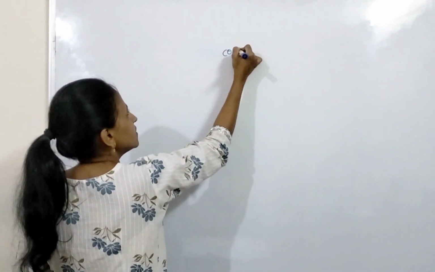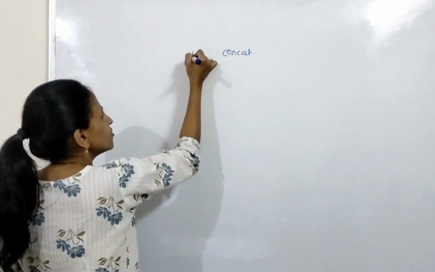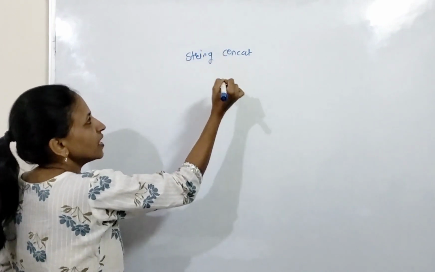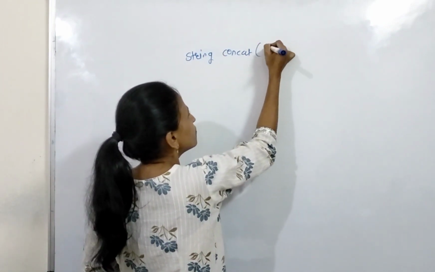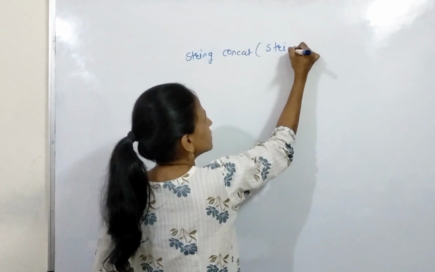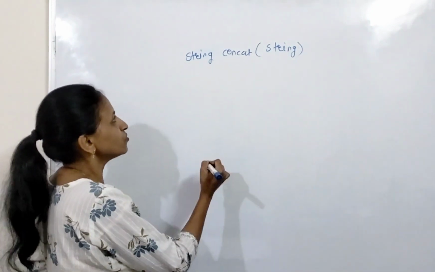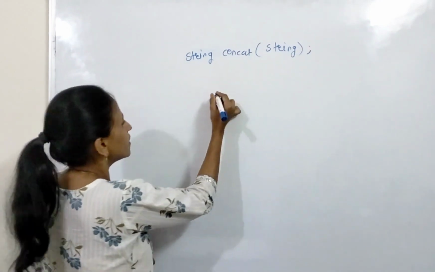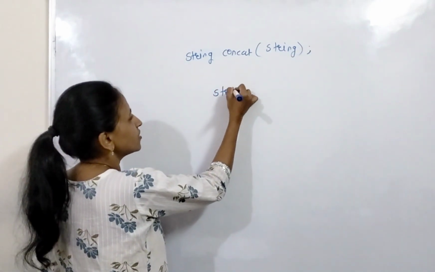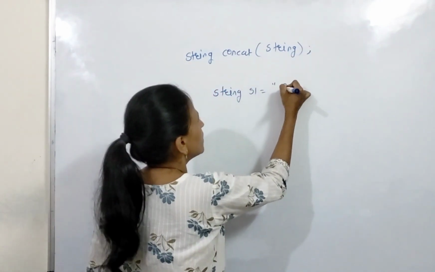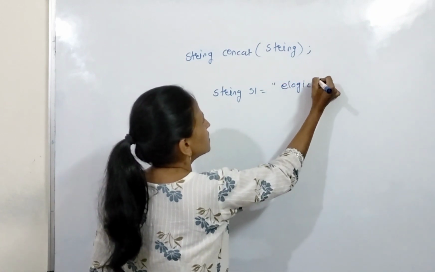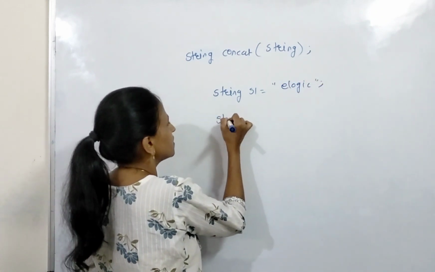Next one is concat. It will return a string object, and here you have to pass one string object. This is just the syntax of the concat method. Now see how to use this. Let's say we have created string objects: String s1 is equal to eLogic and String s2 is equal to classes.